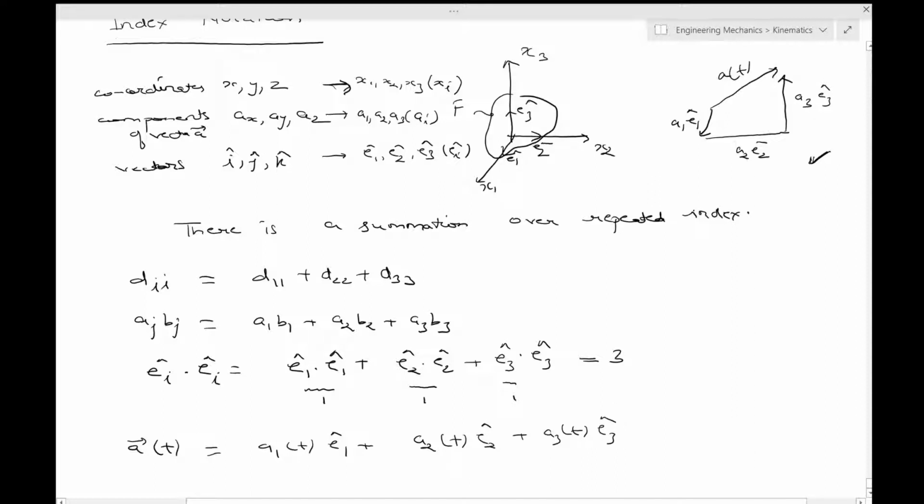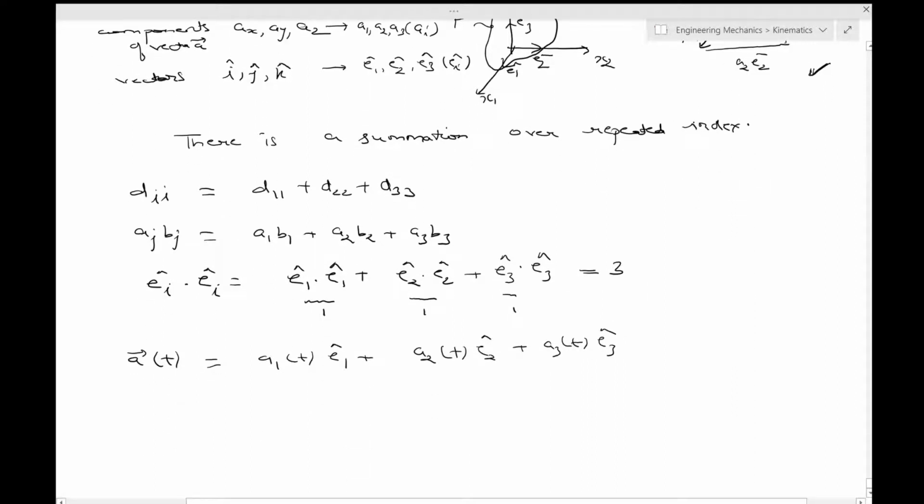This can be written using the summation which we have just seen, as the summation of i equal to 1 to 3 of ai of t ei hat, or in shorthand notation ai ei hat. Here, because there is repetition over i, it will be summed over.